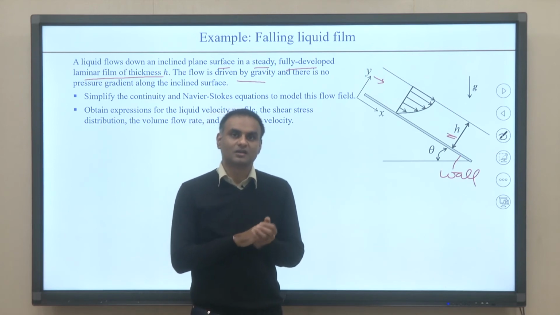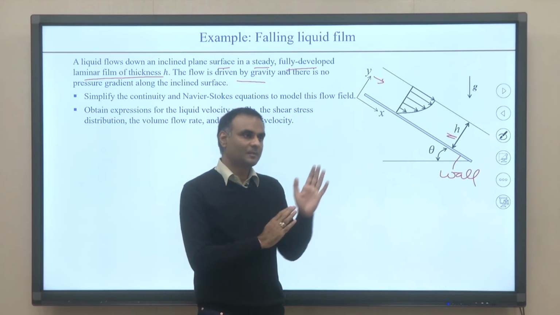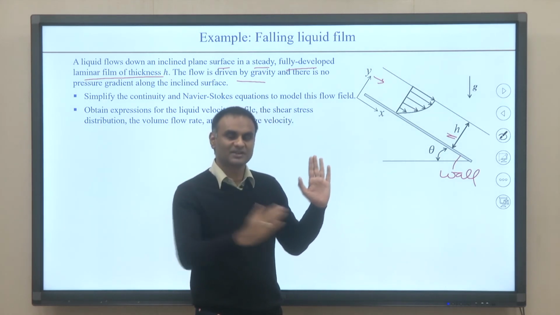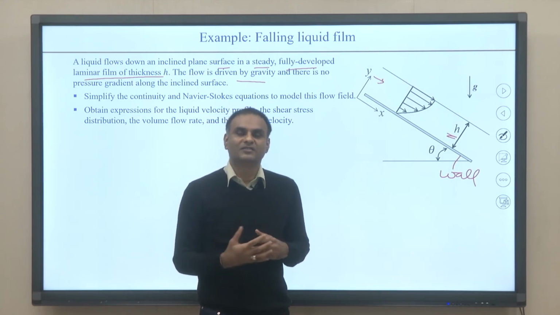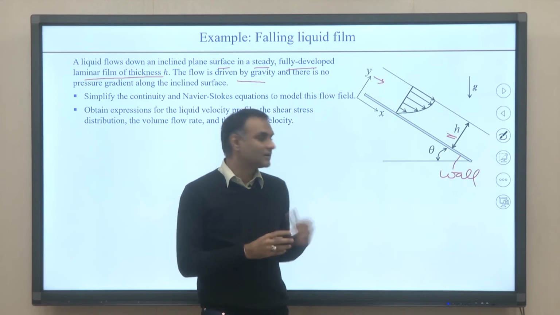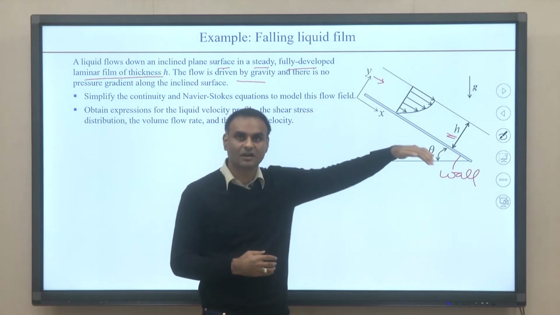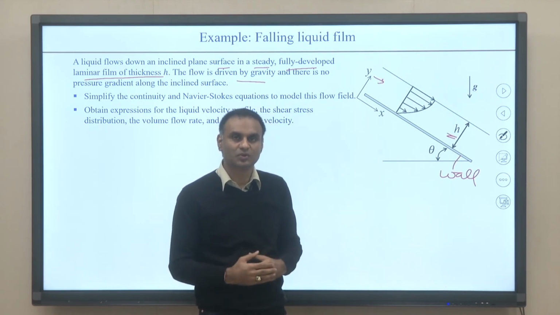One is the pressure driven flow, which is the most common occurrence, that the pressure at one point is high and pressure at another point is low, and because of the pressure difference there will be flow happening. The other driver for the flow will be gravity, as here, that from higher elevation the liquid goes from one place to another.